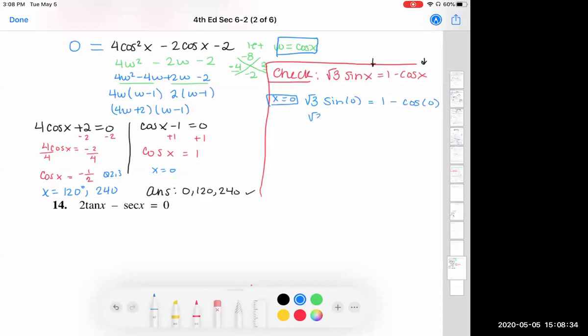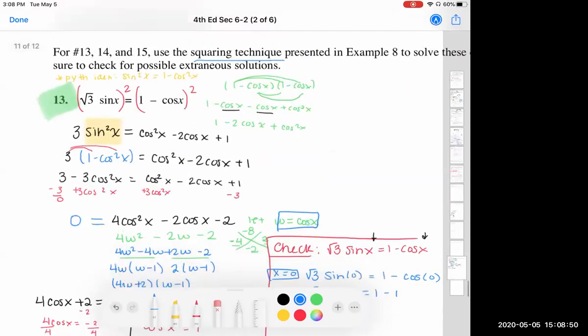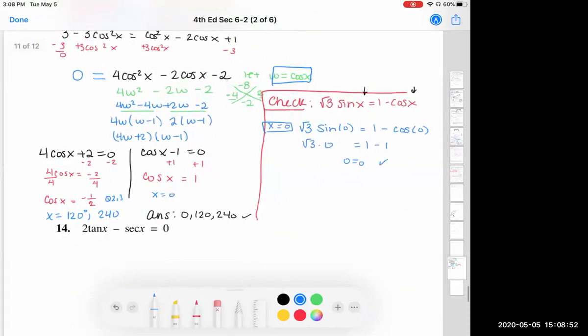So I'm left with square root of 3 times 0 is equal to 1 minus, and cosine at 0 is 1. All right, square root of 3 times 0 is 0. 1 minus 1 is 0, so that one checks out. Whew, not so bad.